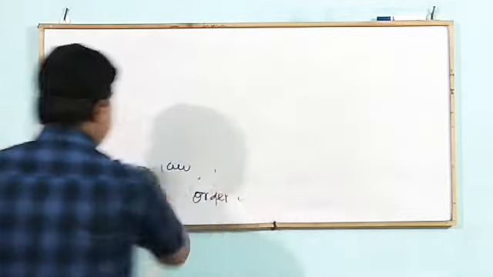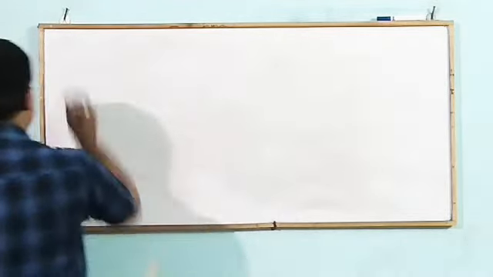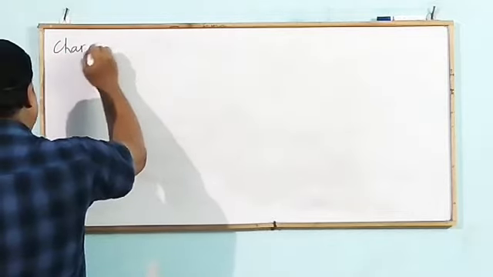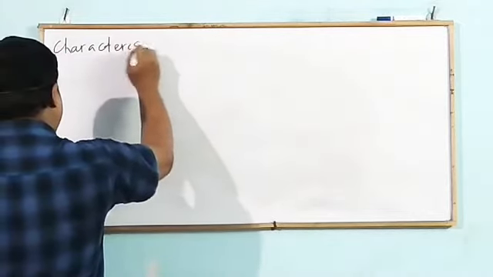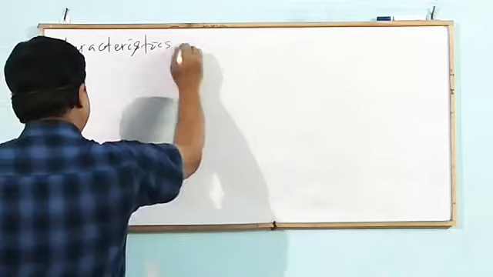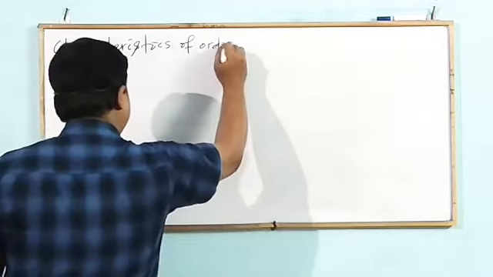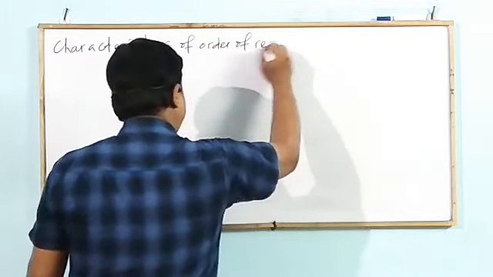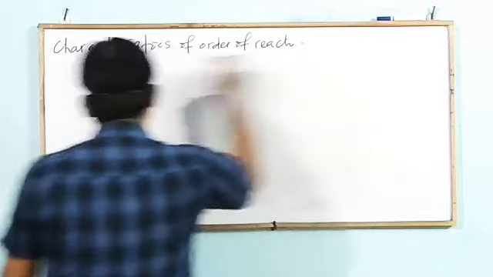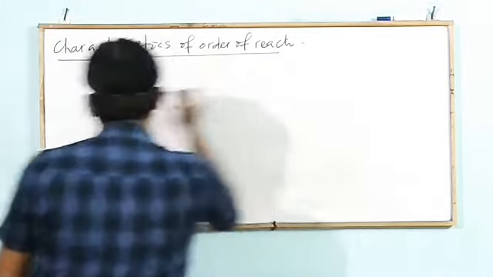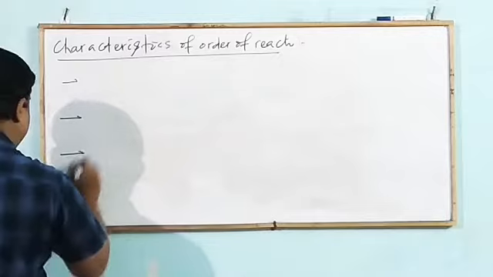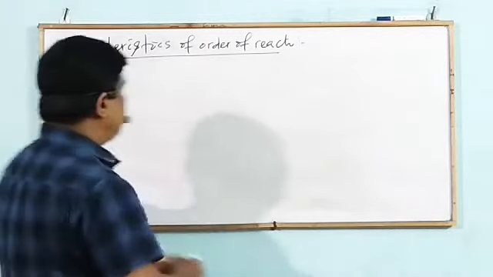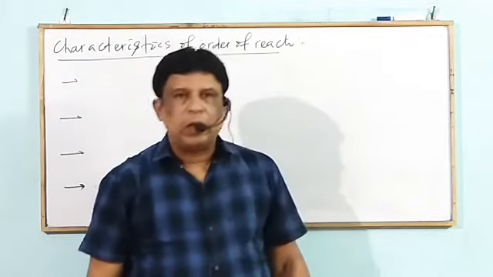There are 3 to 4 points. Characteristics of order of reaction: It is an experimental phenomenon.